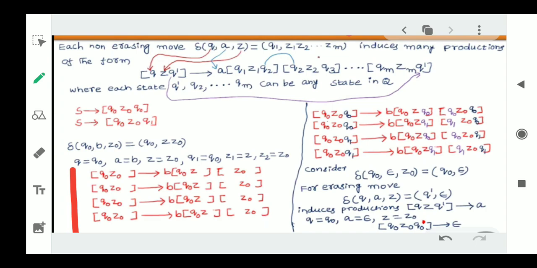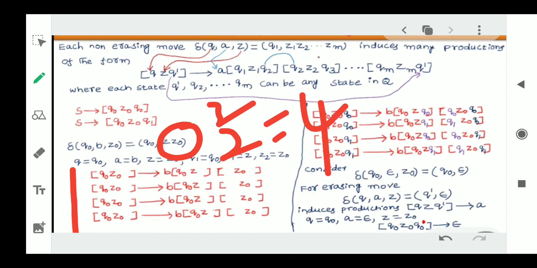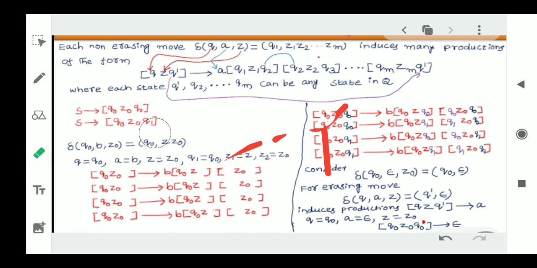Why? Because suppose if the stack contains two symbols, 2 square means what? Four production forms we need to take. The stack is containing 2 symbols. Obviously the stack always represents 2 symbols at the top of the stack, right? In the PDA equation, we always represent 2 symbols. That's why we have taken 2 square, that is 4 productions.